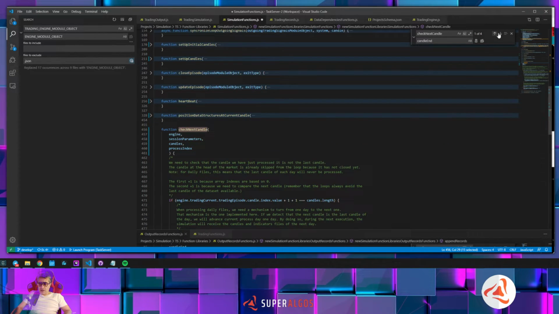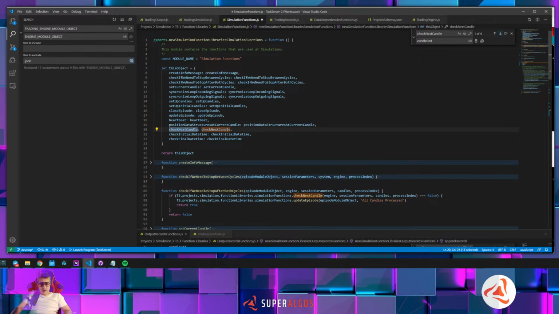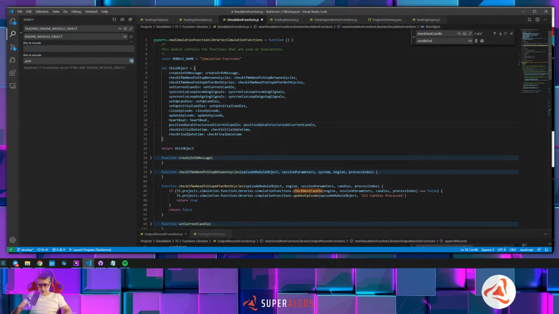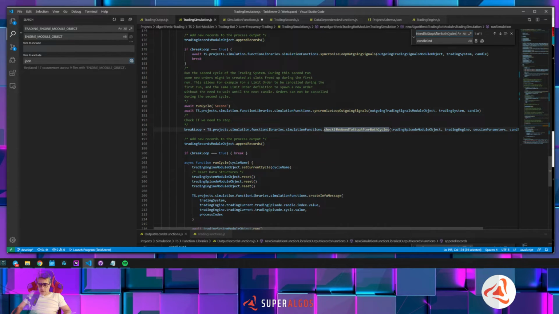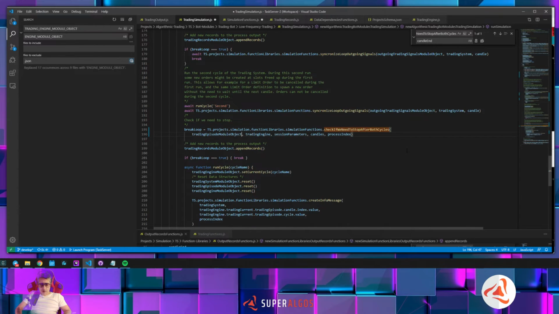So this means that check next candle shouldn't be here because it's not needed. And it means that here, what we actually need is, okay, so let's go back one more step. And here we are.